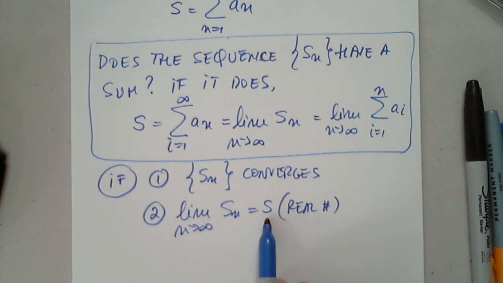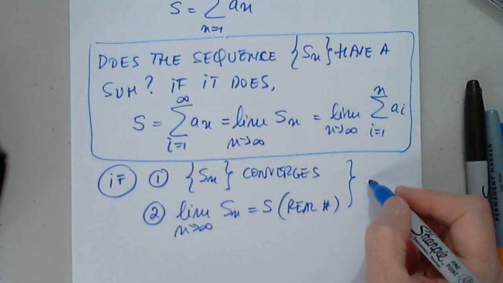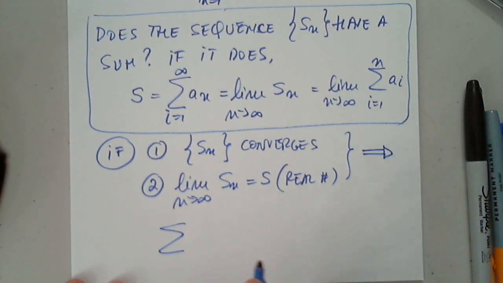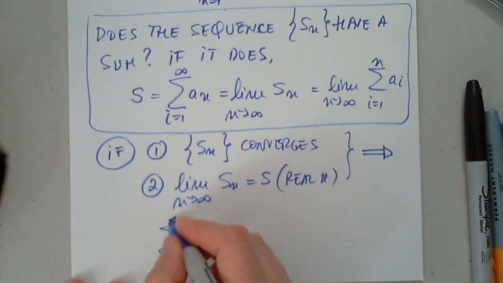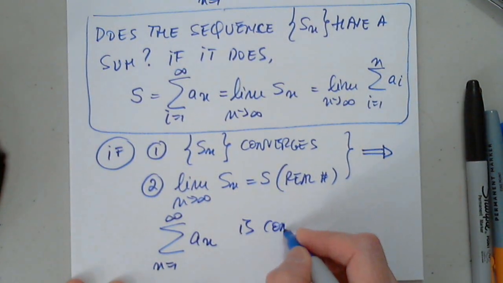If this limit exists, in other words, it's a real number, then if both conditions are fulfilled, we conclude that the infinite series from n equals 1 to infinity of a sub n is convergent.